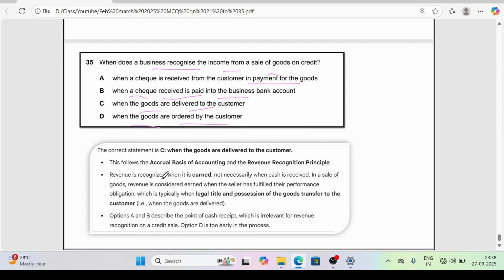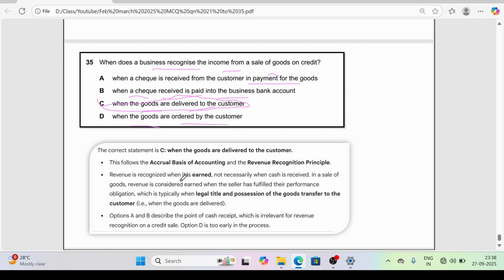So here is the detailed explanation. The correct answer is when the goods are delivered to the customer. This is the right one. The reason: this follows the accrual basis of accounting rules and the revenue recognition principle.